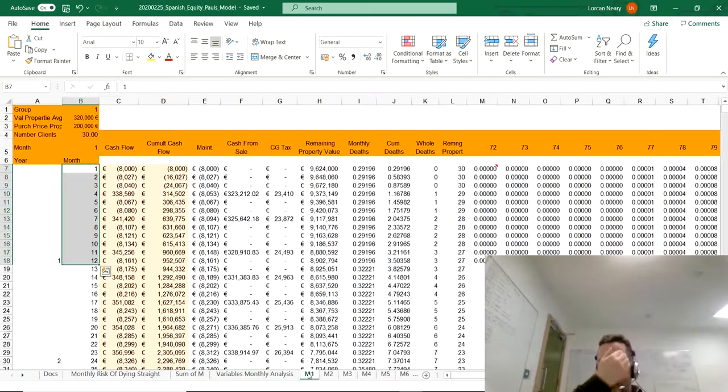So this is a good example. Month 1. We've got the number of clients here is 30, and then we've got the average value of the property, the average purchase price, which is 62% of this figure here.